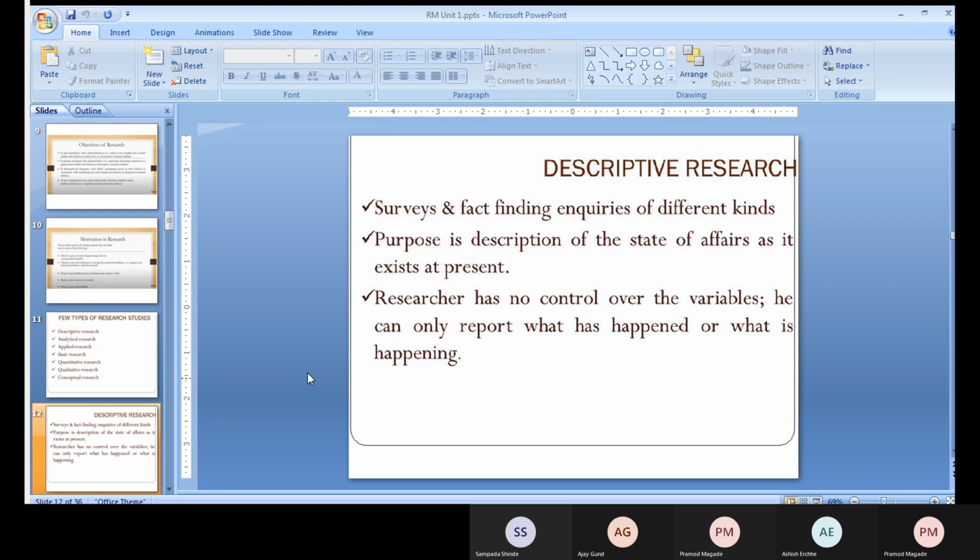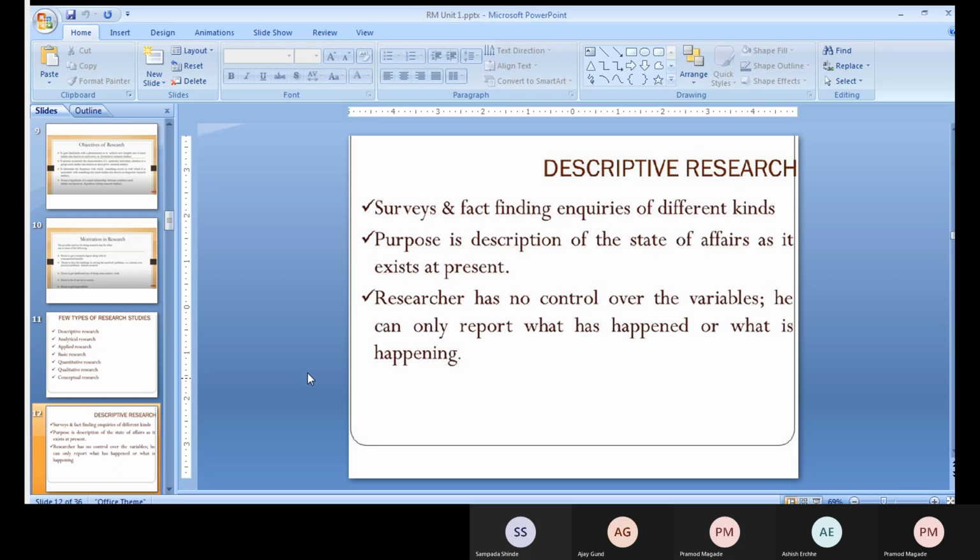I'll read it. Descriptive research is nothing but surveys and fact findings, inquiries of different kinds. From different research papers, we have to do the surveys and fact finding. The purpose of descriptive research is to state the affairs as they exist in the present situation, what currently is going on.